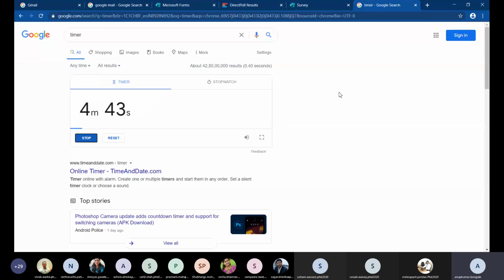I've just kept a timer so that all of you can log in and fill in the form, type your area of interest and domain, so that I'll have a brief idea, which will be helpful in future discussion.